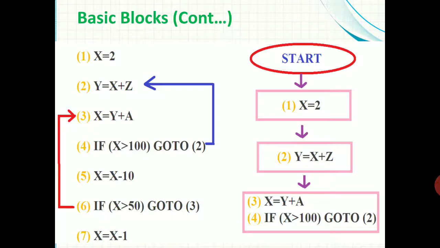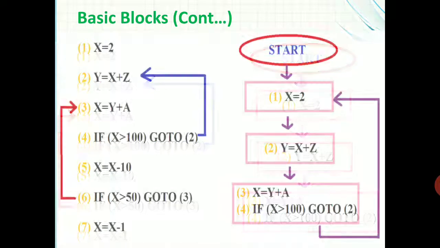Next, the seventh statement. We can combine 5 and 6, but we cannot include the seventh statement because the sixth statement contains a jump instruction that is going to the third statement. So we can only combine 5 and 6 into a single block.